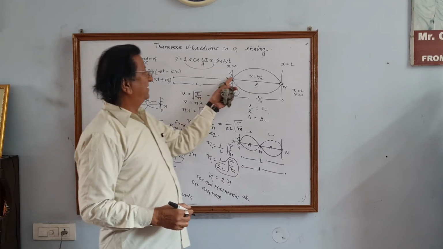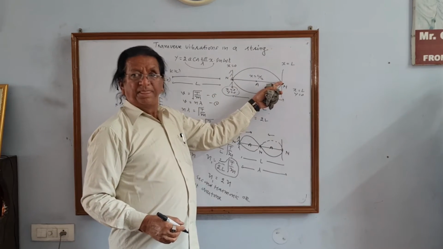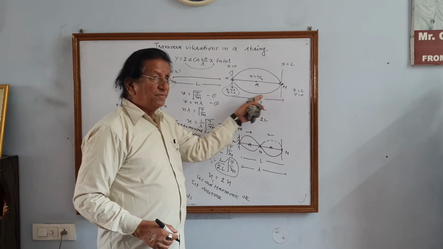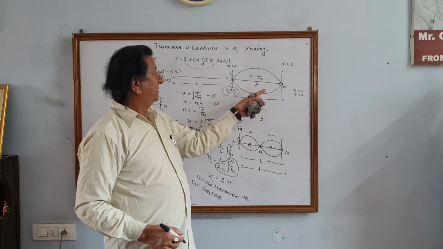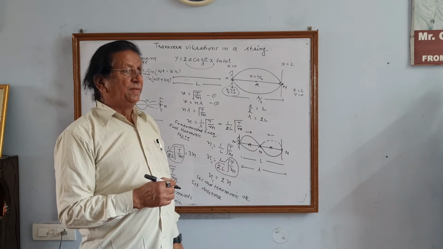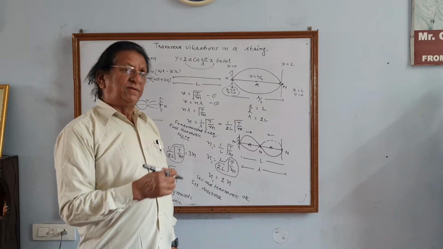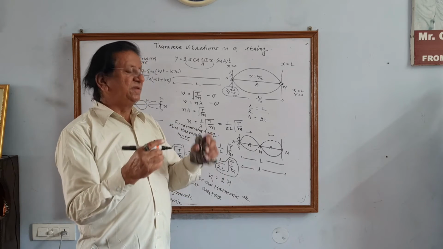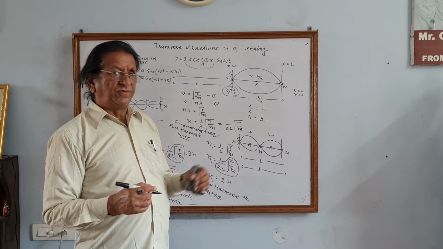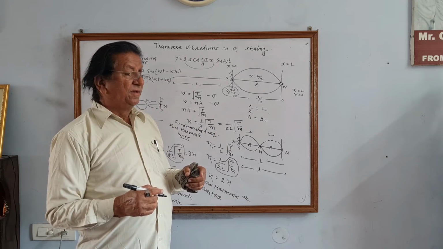यहाँ से वेव चली है, और रिफ्लेक्ट हुई है डेंसर मीडियम पे. रेयर टू डेंसर जब जाती है और डेंसर टू रेयर जाती है तो क्या चेंजेस आते हैं? I told you yesterday, wave goes from rarer to denser.